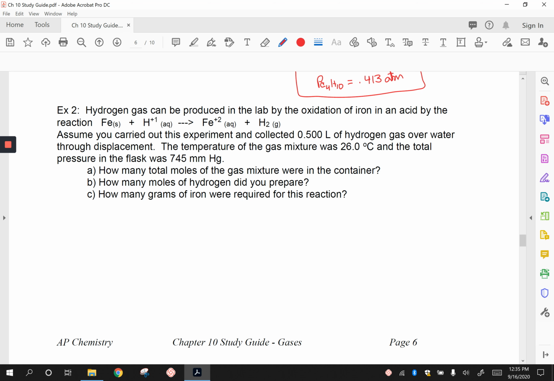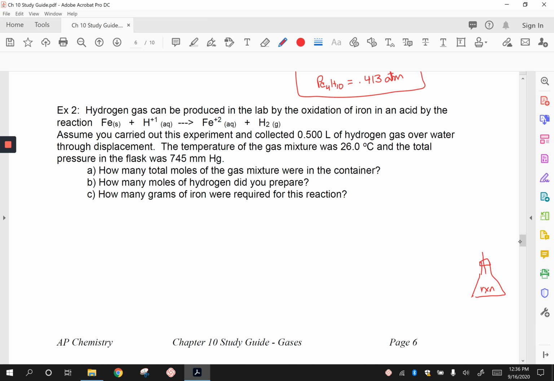When you are collecting a gas in the lab, typically you do this through water displacement somehow. In this case, we have a reaction between iron and an acid. So one setup could have been, you have your reaction vessel here, with your iron and your acid, and you stopper this.